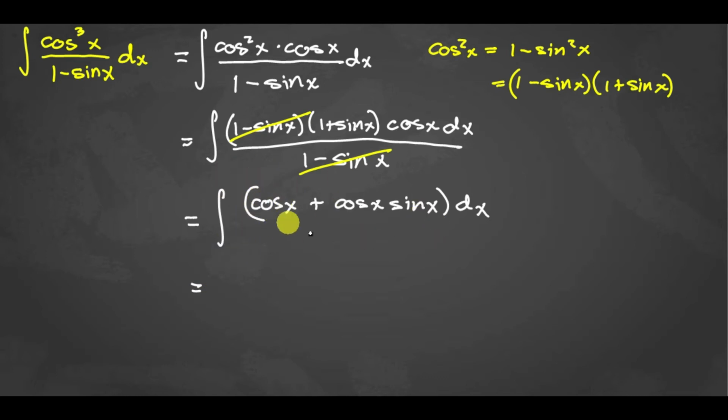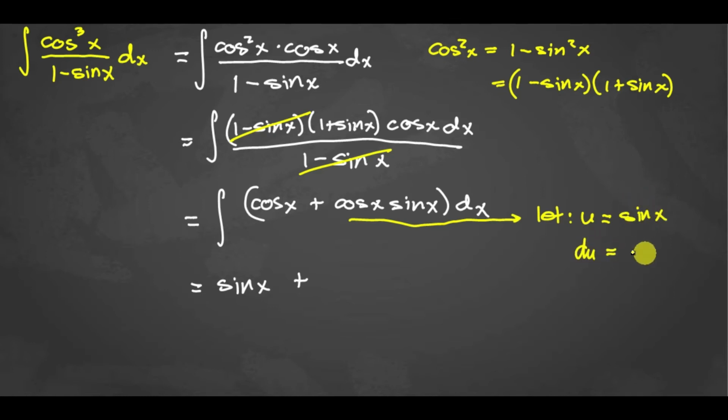Then the integral of cosine x is sine x, plus, using the substitution method, if we let u be equivalent to sine x and the derivative of u, du, is equivalent to cosine x dx, then we could write our equation as the integral of u cosine x, where our dx is simply du all over cosine x.